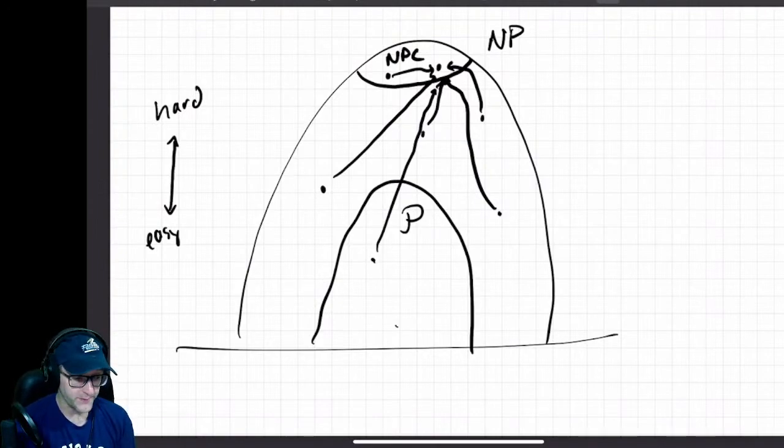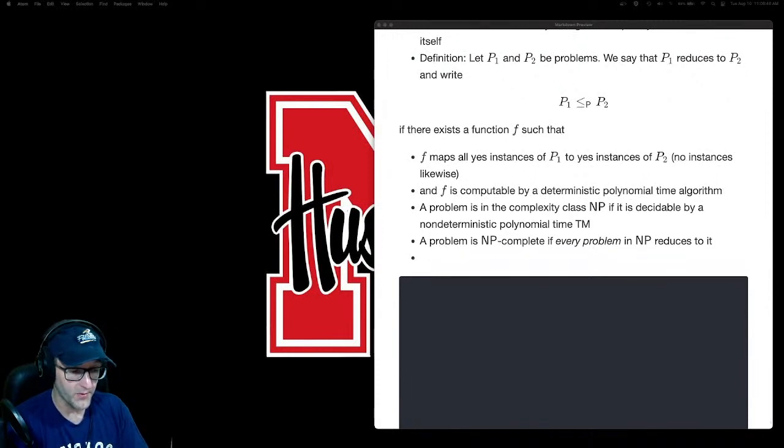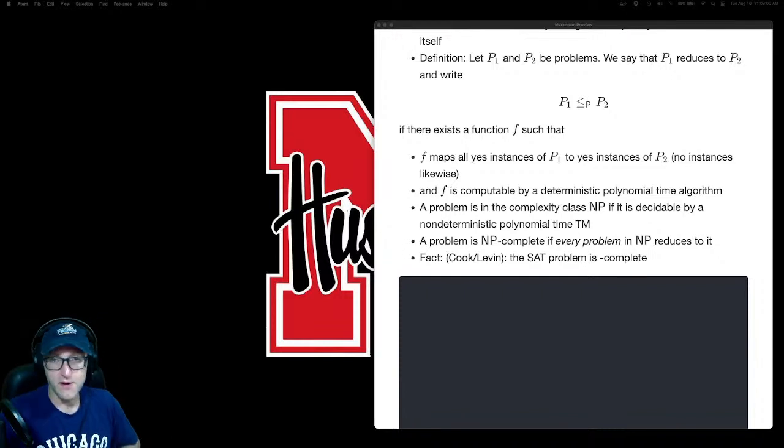Why do we do this? Well, first of all, we need our first NP complete problem. This is due to Cook and Levin: the SAT problem is NP complete, and I'm not going to go over the proof here. Basically, they came up with what's called a canonical language.